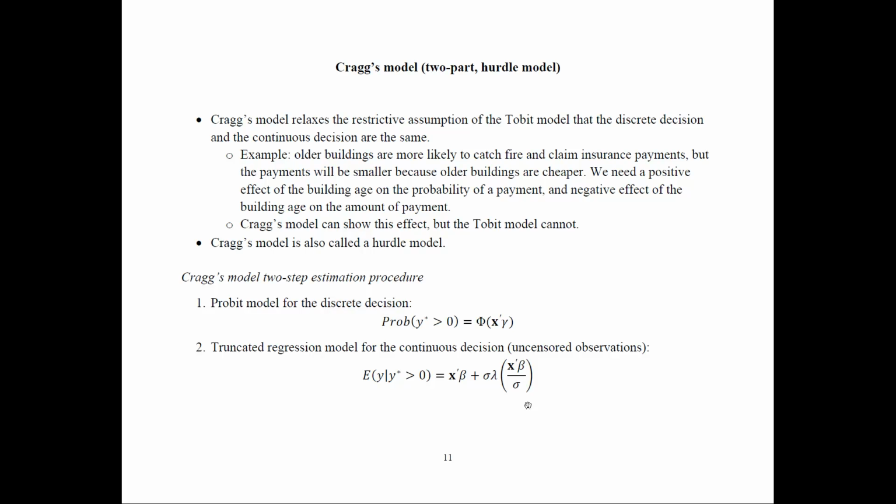The only thing that is different here is notice that we actually have these gamma coefficients being different than the beta coefficients. So we could have different coefficients in the two-step model. Remember that in the Tobit model, if you go back a slide, we would have this to be equal to beta. Well, now that's not the case.